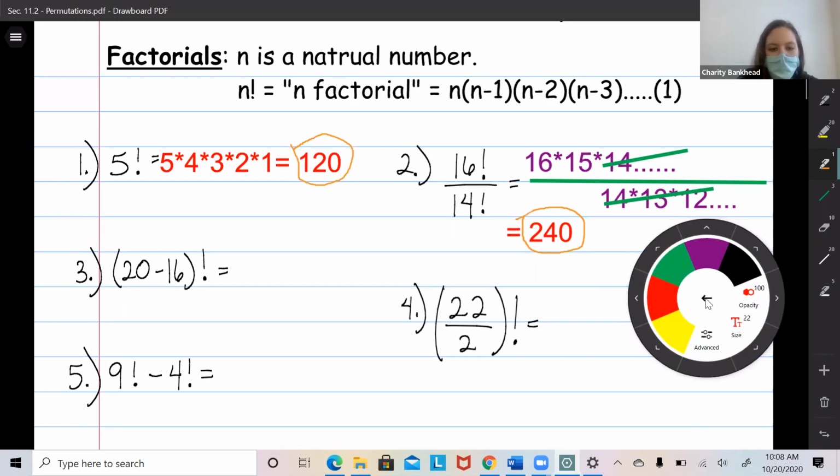All right, so for number 3, 20 minus 16, you would do that in the parentheses first, and that equals 4.